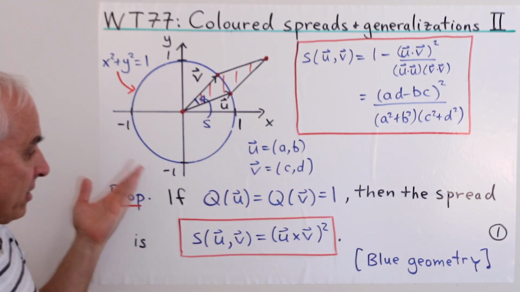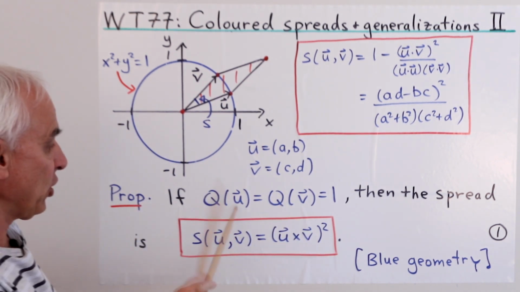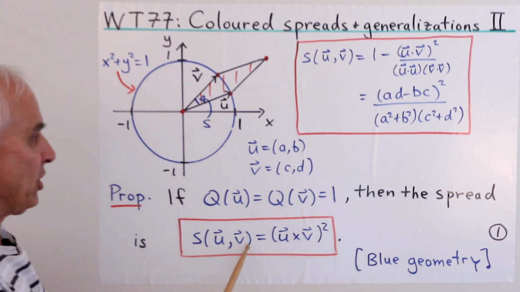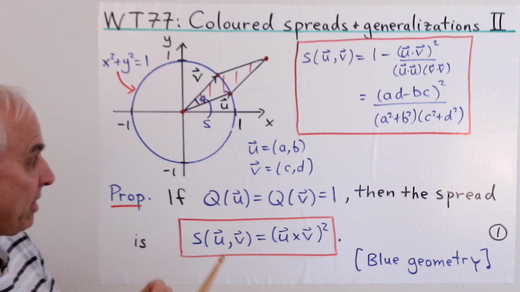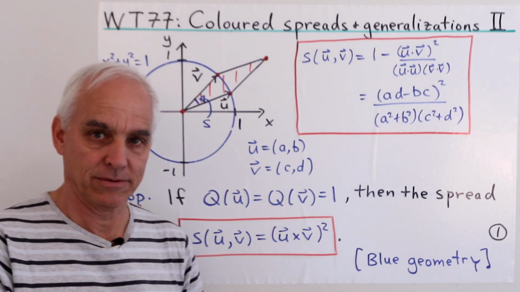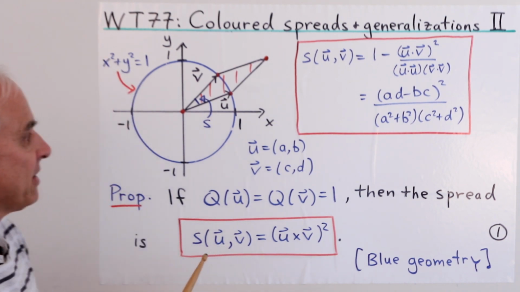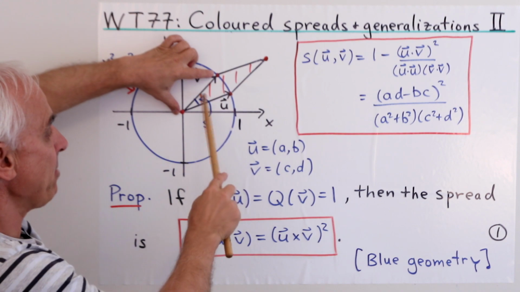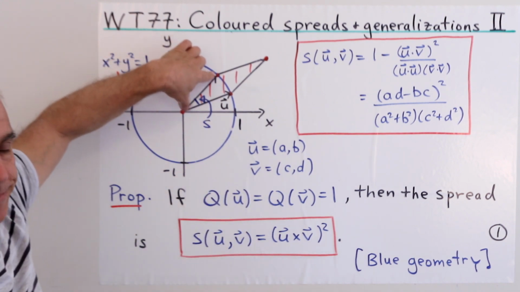So we get the following immediate consequence: if Q of u equals Q of v equals 1, then the spread s between u and v can be rewritten simply as u cross v squared. So in that case, we are just talking about the area of the parallelogram formed by them, all squared.